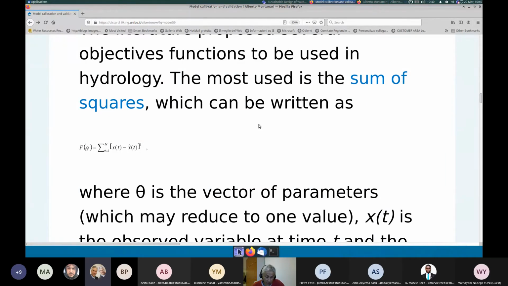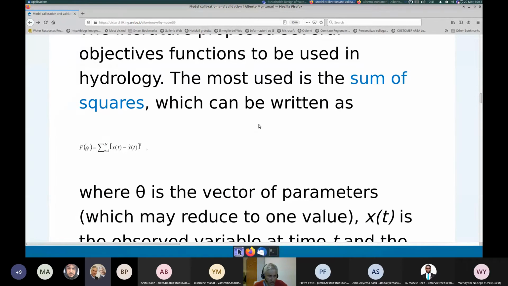If we instead decide to go with automatic calibration, it's better if I use an objective function. I need an objective function, which can be used also in the trial and error, but it's less needed. In this case, with automatic calibration, I really need it. And then I can use one of the several algorithms that are available under the different platforms. Excel has one, MATLAB has another one, R has plenty of them.